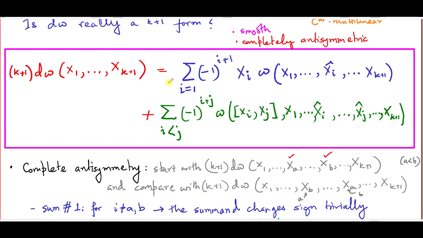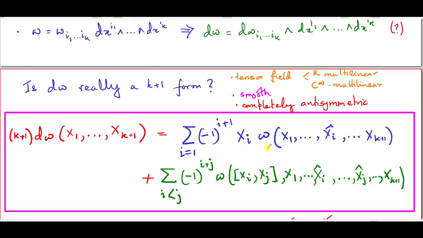We now have to focus on the second sum here. The second sum is slightly more complicated to work with, but as long as you keep track of which term is going where, it's pretty straightforward.